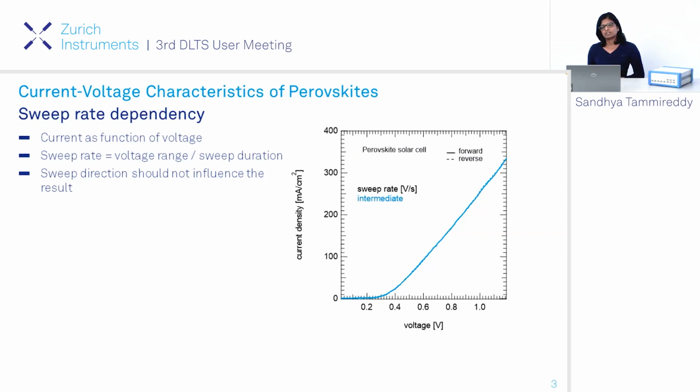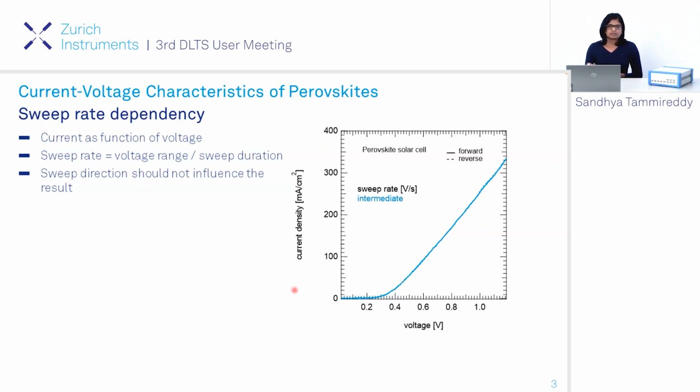When you apply the voltage, you start at some point and linearly increase your voltage to reach a certain point. You normally do this by increasing the voltage in certain intervals of time. So your current value is not only a function of voltage, but also of the measurement time. Normally this is called the sweep rate.